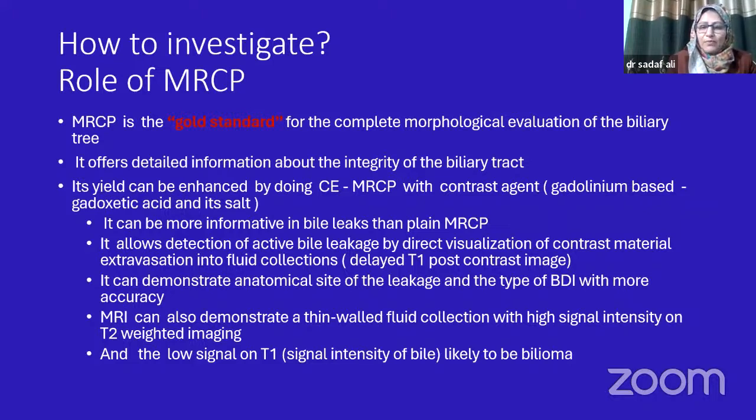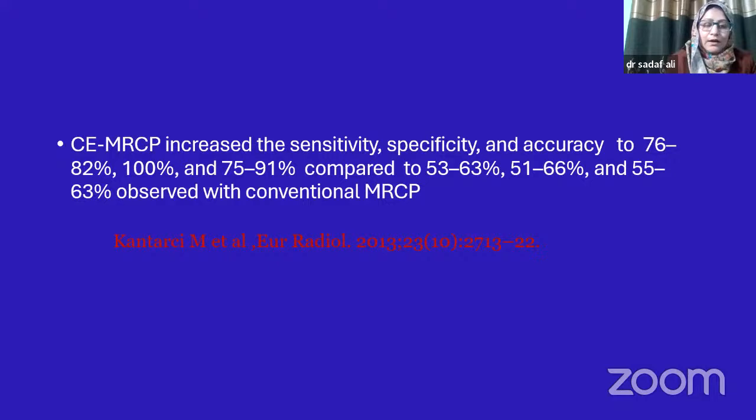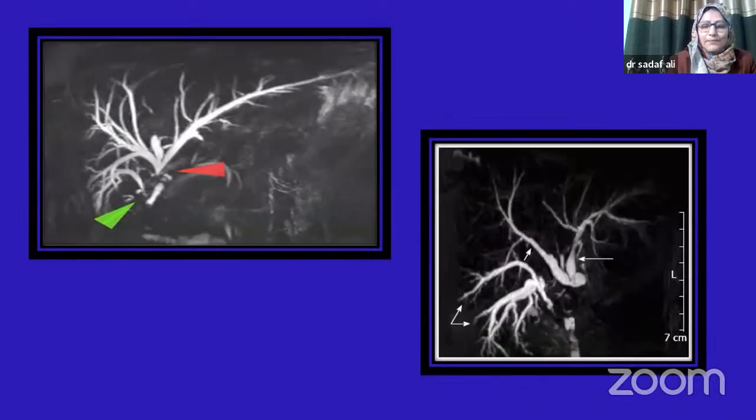It gives you the site, type of leakage and type of injury with accuracy, and it shows you whether the fluid collection is a biloma or not, based on the signal intensity, like that of bile presenting as low signal in T1 weighted images. There are many radiologically oriented papers which describe CMRCP to be very highly specific, as high as 100%.